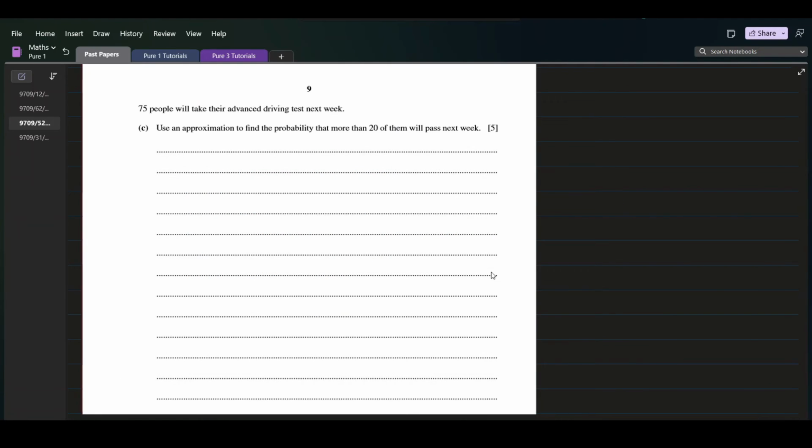75 people will take the advanced driving test next week. Part C. Use an approximation to find the probability that more than 20 of them will pass next week. Okay, so let's define our random variable.